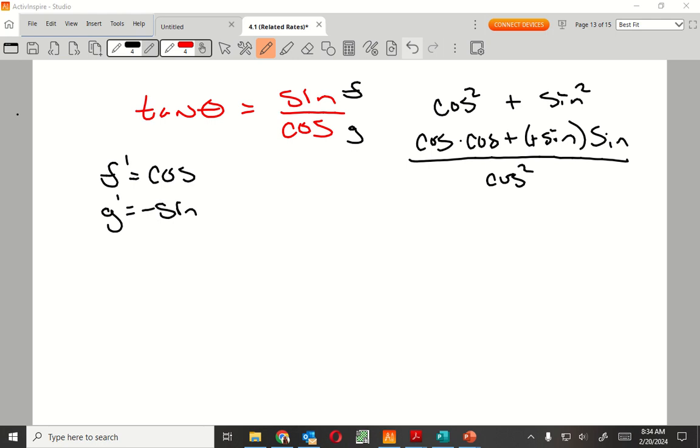It's 1. So that gives me 1 over cosine squared, which is the same as secant squared. If you get lost with that, you can always go back and work it out as a quotient rule.